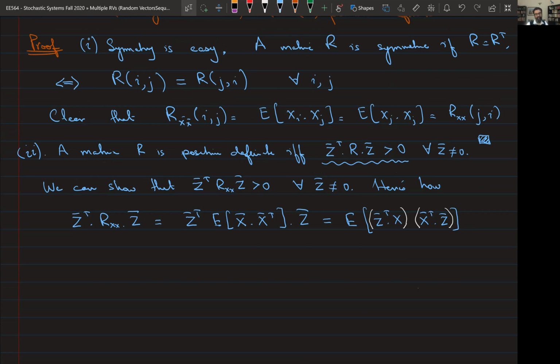Not just transposition. Yes, Maz? Won't this be an inner product? We're taking the inner product of a vector with itself, so it's a norm squared. So it will be an inner product, but I think it will become the norm squared of Z transpose X.